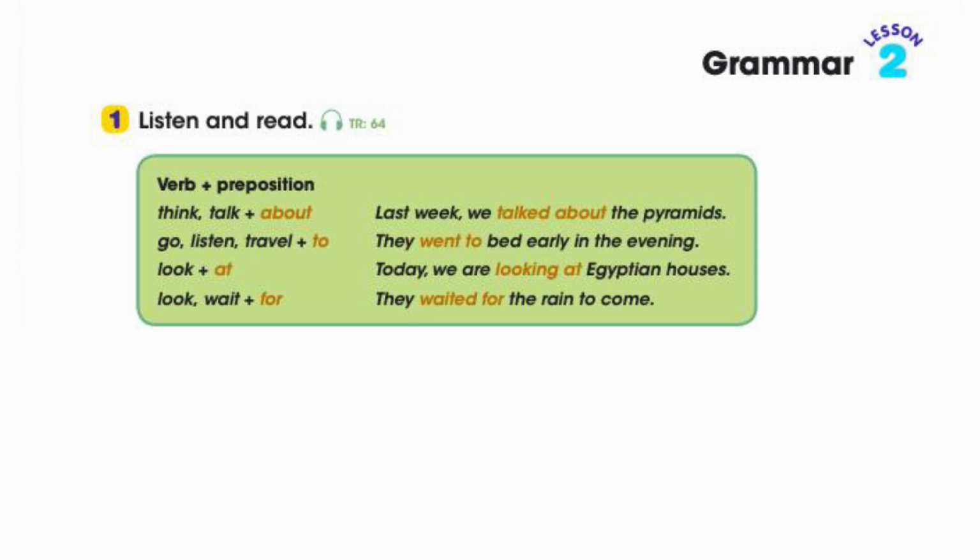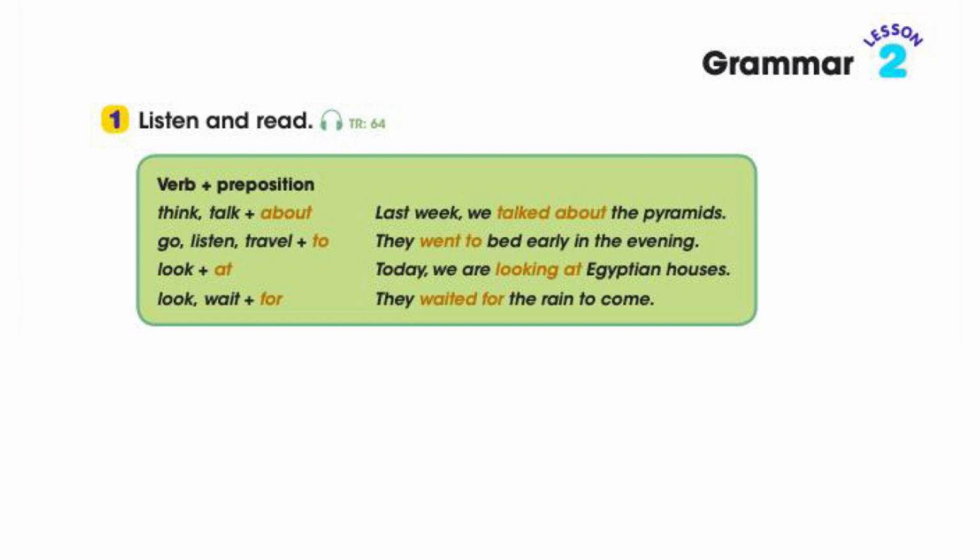Track 64. Unit 7. Lesson 2. Grammar. Exercise 1. Listen and read. Verb plus preposition. Think, talk plus about. Last week, we talked about the pyramids.